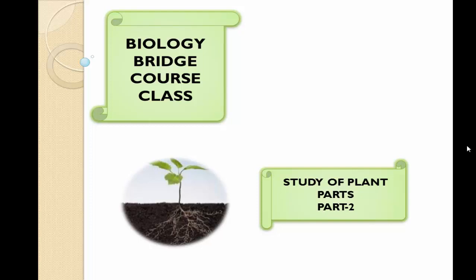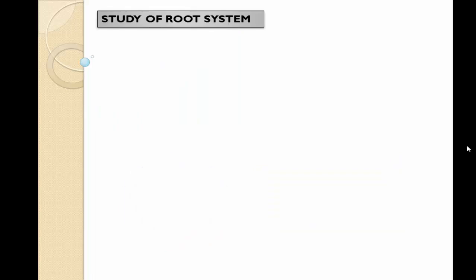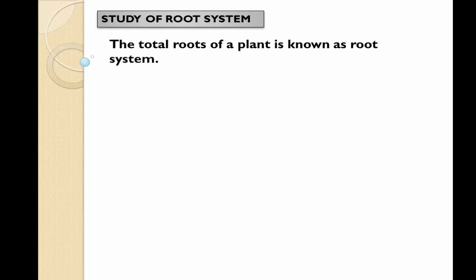So let us move to the details of root system. What is a root system, and what are the different parts that are collectively called the root system in a plant body? The total roots of a plant is known as the complete root system.